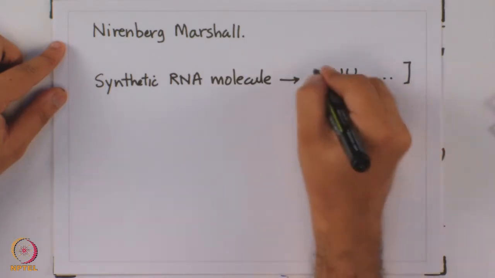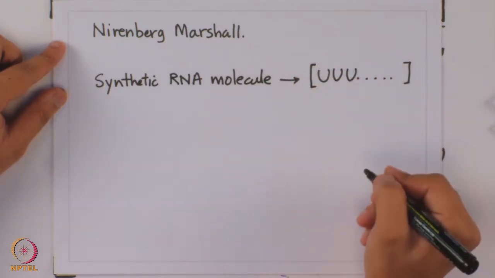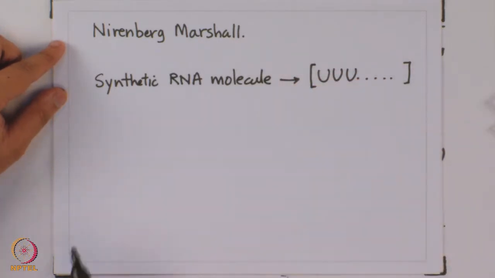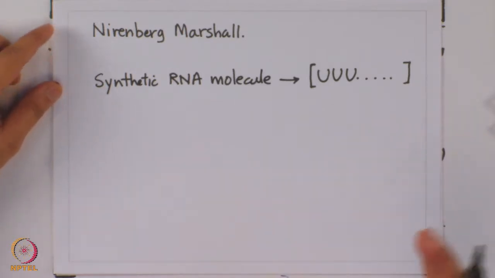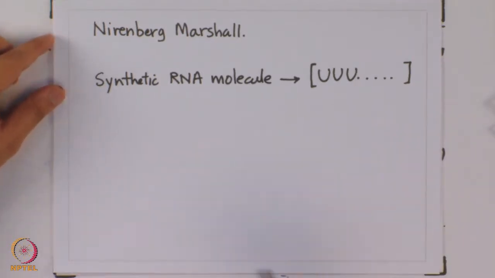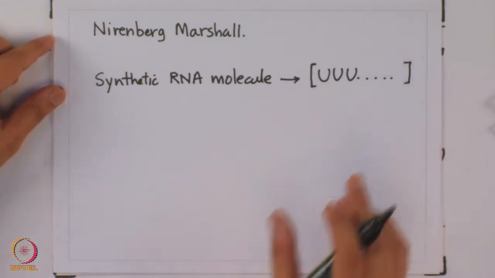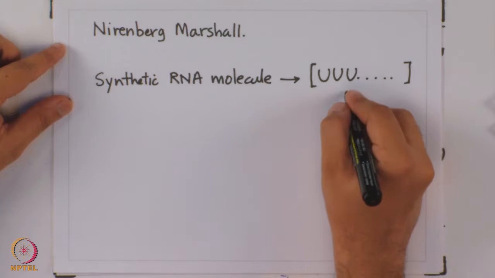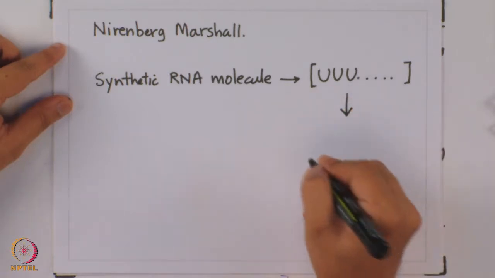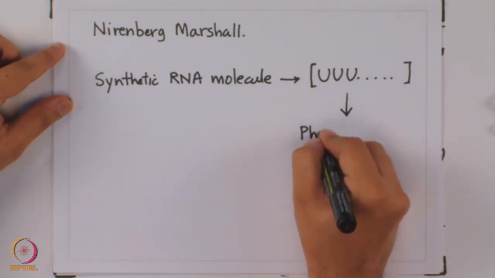This was just a poly-U RNA molecule, and he took this RNA molecule and added it to a test tube with ribosomes and with amino acids, all 20 of them. The only polypeptide chain that he obtained on adding this was phenylalanine.